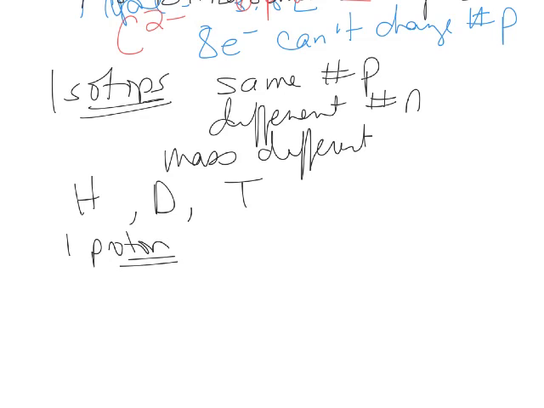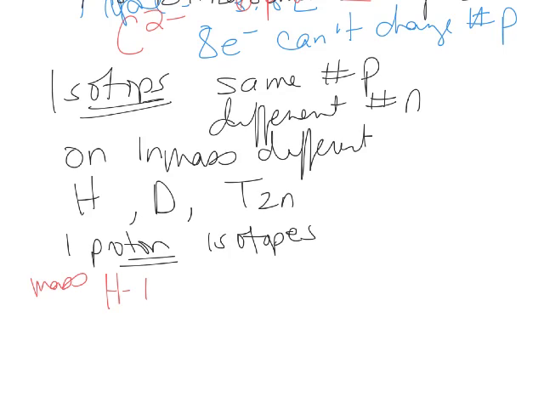That's what makes them isotopes of hydrogen. But hydrogen has 0 neutrons, deuterium has 1 neutron, and tritium has 2 neutrons. So the mass for hydrogen is 1, mass of deuterium would be 2, and the mass of tritium would be 3. Sometimes if you remember an example, then that will help you when you're taking your exam.